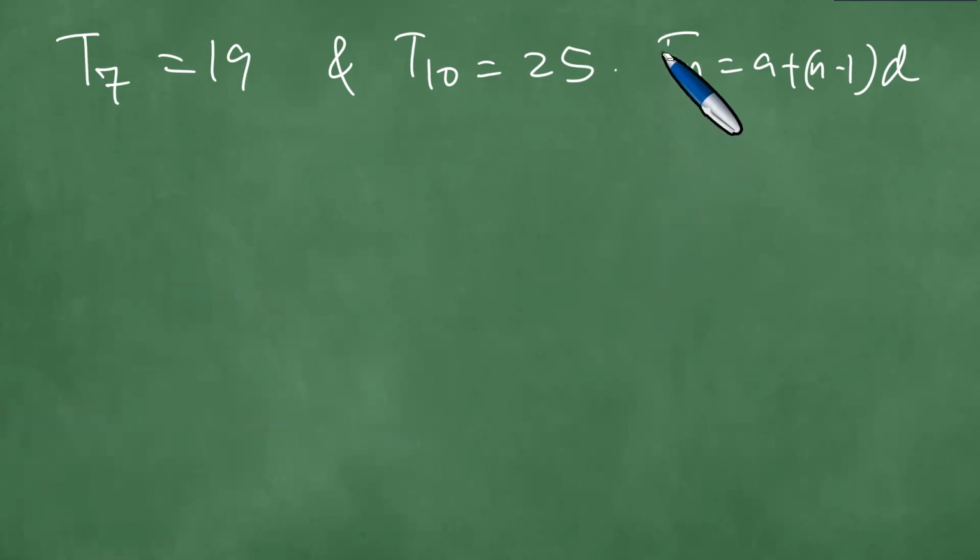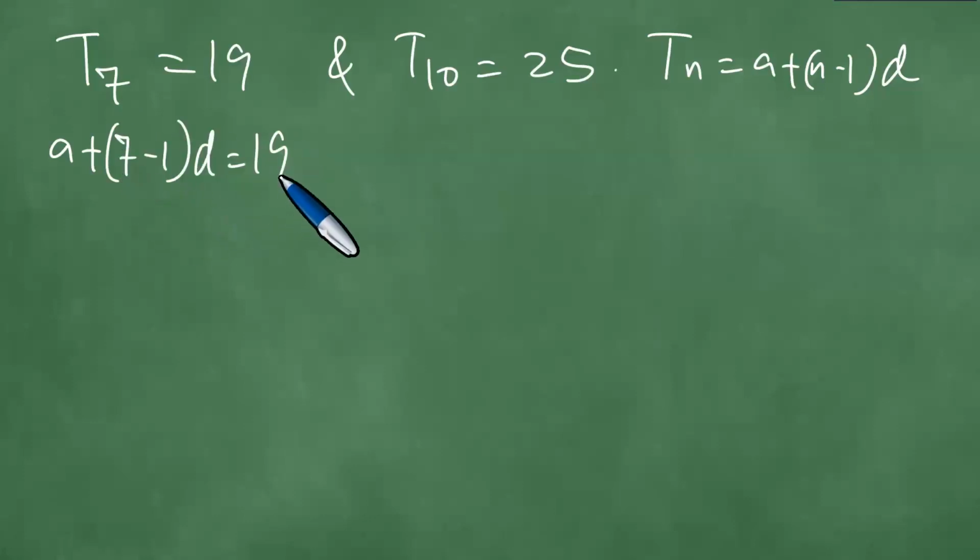So if the Tn formula is exactly that, what do we do with it? We use it. So what is T7 in terms of this formula? T7 would mean a plus, if it's 7 here, then here you must put 7 minus 1. A plus 7 minus 1 into d, so a plus 6d equals 19.